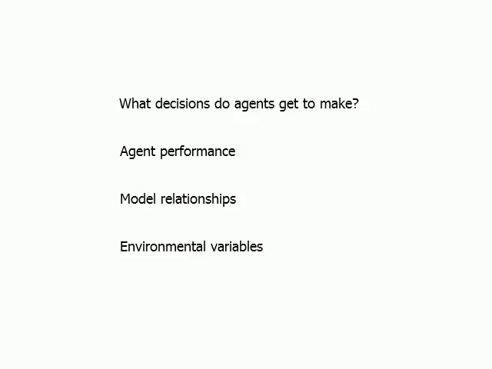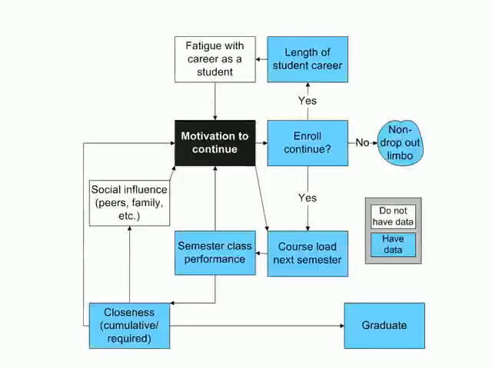Once these decisions are made, what happens? What happens is that the agents are dropped into a cyber world and told to take stock of themselves and of their surrounds. For instance, in the AJAC model, students are asked to consider how close they are to graduating, how fatigued they are, and what support they're getting from family and friends.